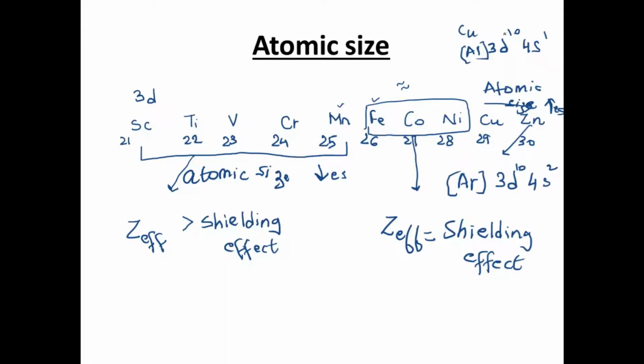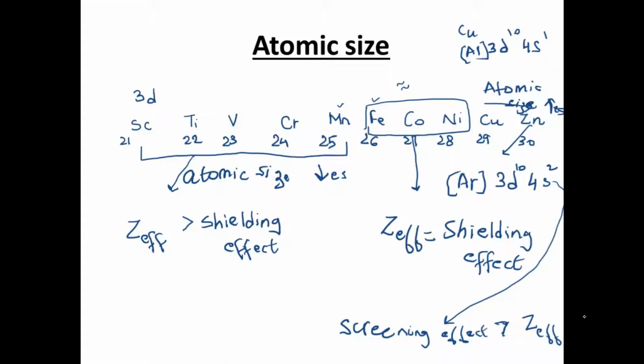The orbitals are satisfied here, half filled, fully filled, extra stability, electrons more. And it is observed that the screening effect is more than the effective nuclear charge. So I hope I'm clear with it. The copper and zinc have more atomic size.